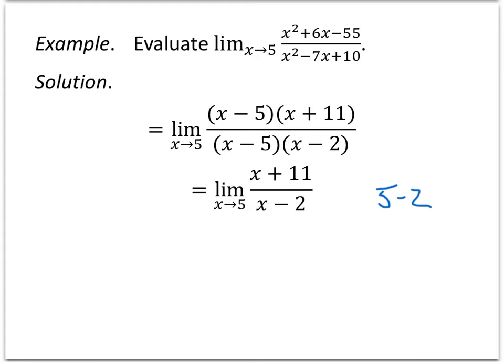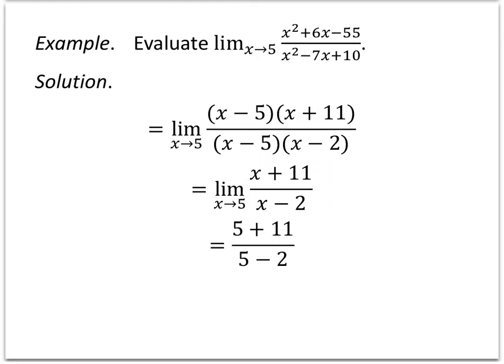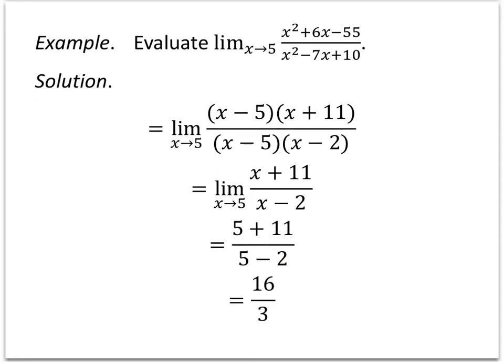That's 3. 3 is not 0, so our function here, x plus 11 over x minus 2, is continuous at x equals 5, and so all we have to do is plug 5 in. So we have 5 plus 11 over 5 minus 2. That would be 16 over 3, and that's our limit.